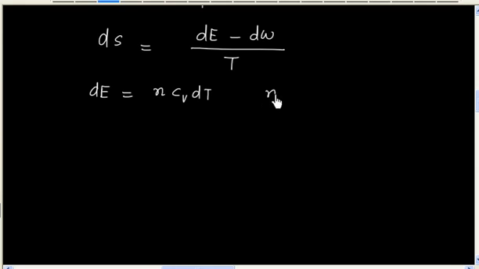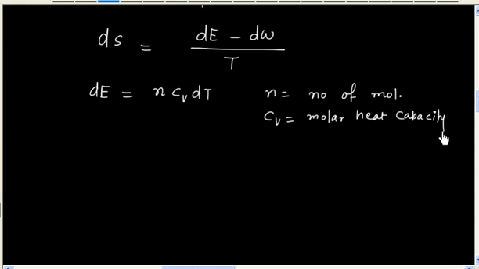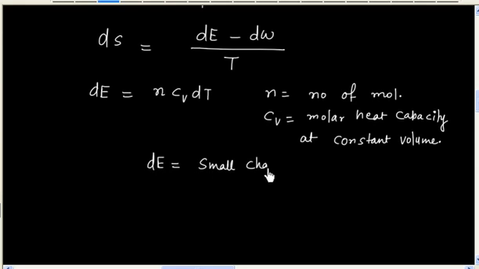In this formula, n denotes the number of moles, Cv denotes molar heat capacity at constant volume, dE denotes a small change in internal energy, and T denotes temperature.